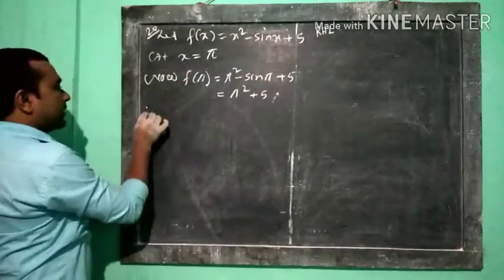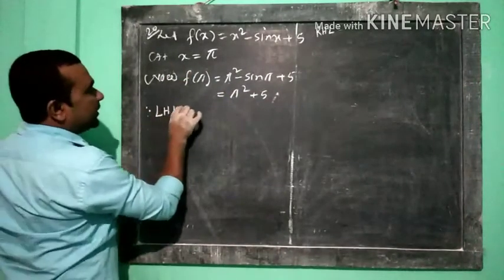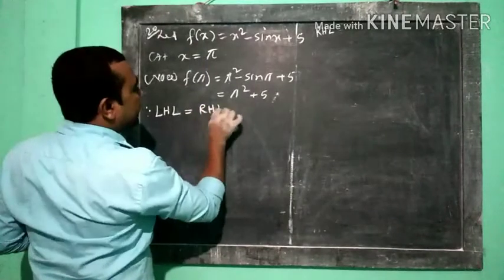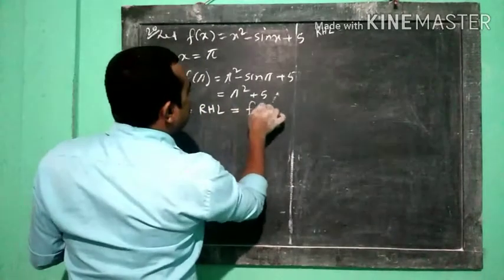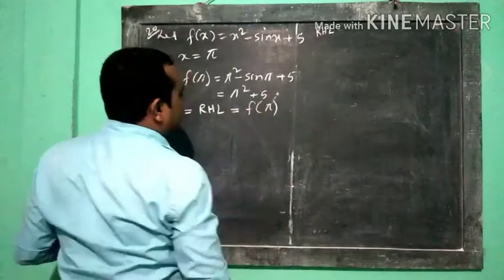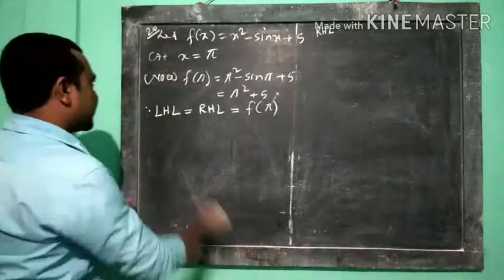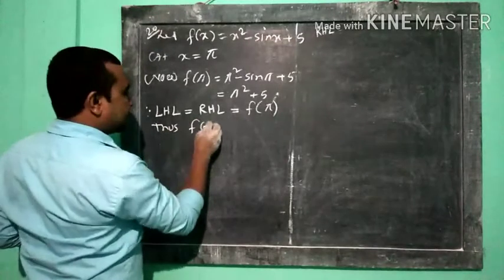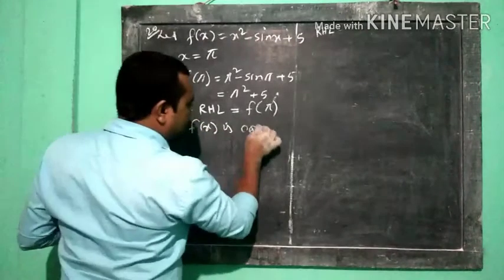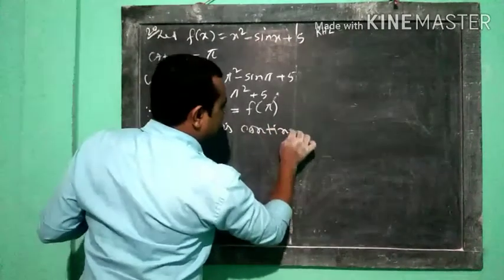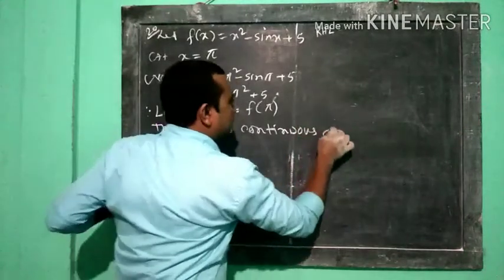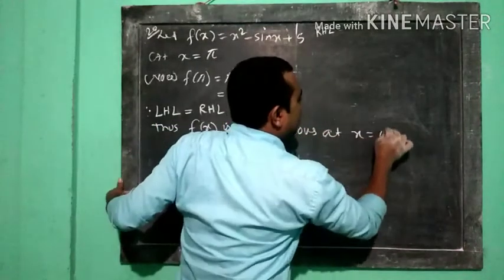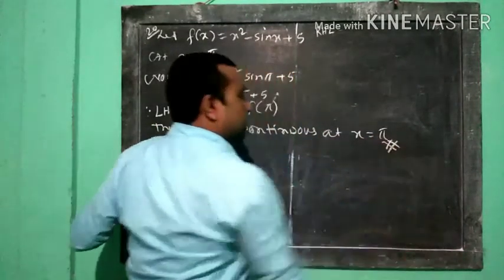Therefore left hand limit equals right hand limit equals f of pi; the values are the same. So f(x) is continuous at x equal to pi. This is the answer.